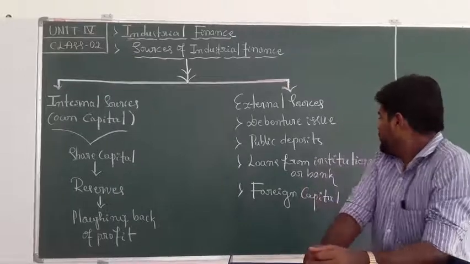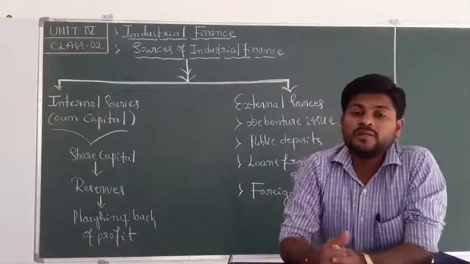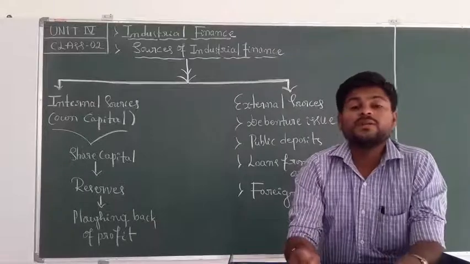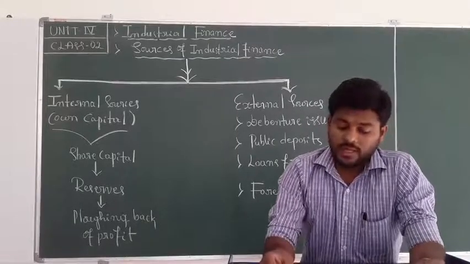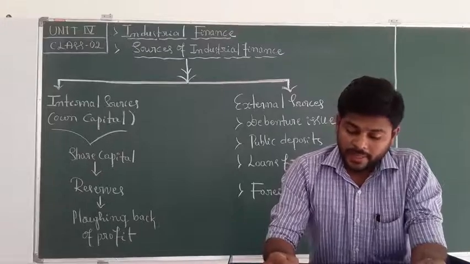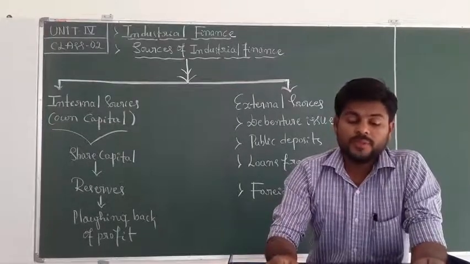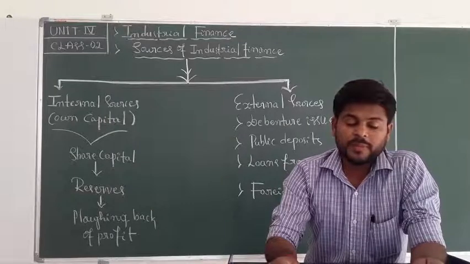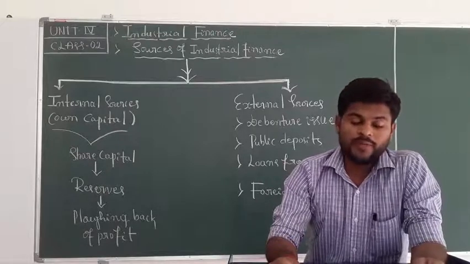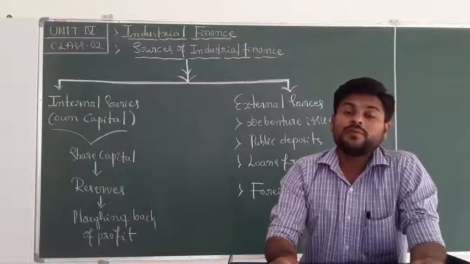And the third one is loans from institutions or banks. See, the third external source of industrial finance is taking loans from financial institutions or banks like ICICI Bank, IDBI Bank, and development banks, state financial corporations, the Industrial Finance Corporation of India, the Industrial Credit and Investment Corporation of India, the Industrial Development Bank of India, the Small Industries Development Bank of India, and the Export and Import Bank of India.